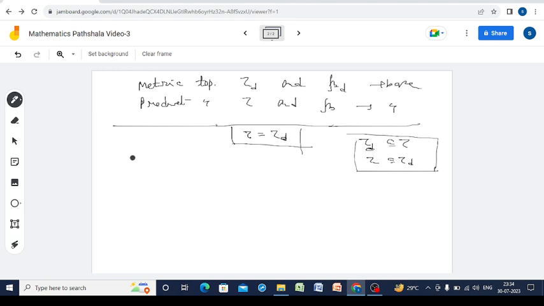First, to show tau d subset of tau, we need to take any basic open set for the metric topology tau d. So let us take an open set B belonging to script Bd, which is the base for the metric topology tau d.